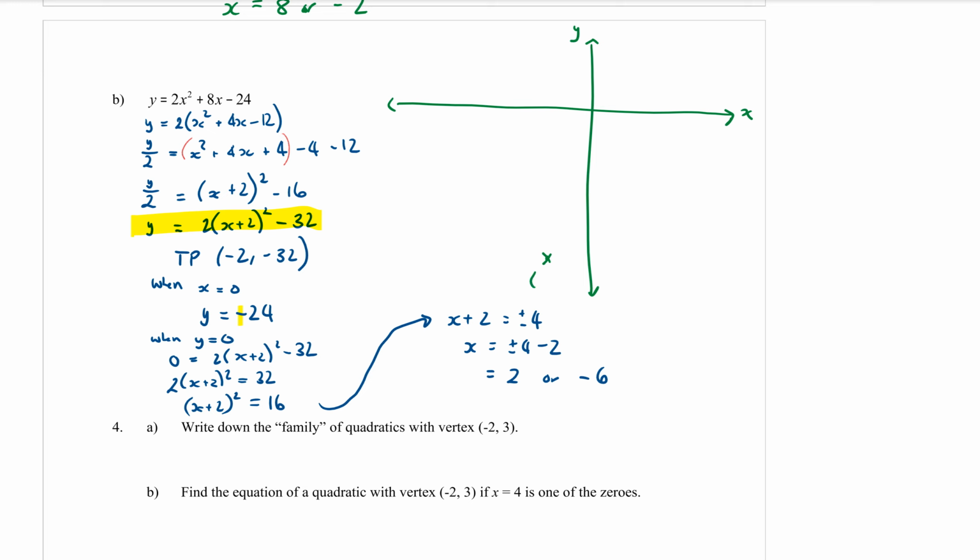Make sure you write down the coordinates on it. My y-intercept was at minus 24. That's going to be there. My x-intercepts were a positive 2 and a negative 6. And connect it up.